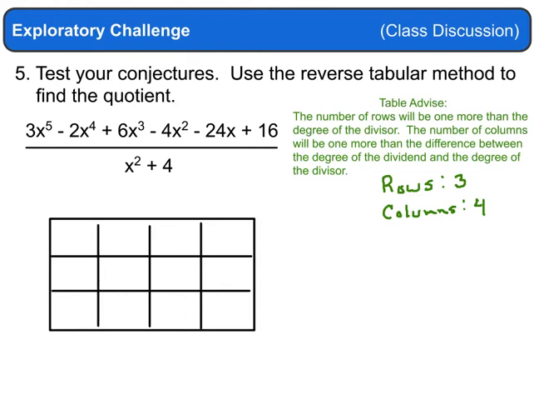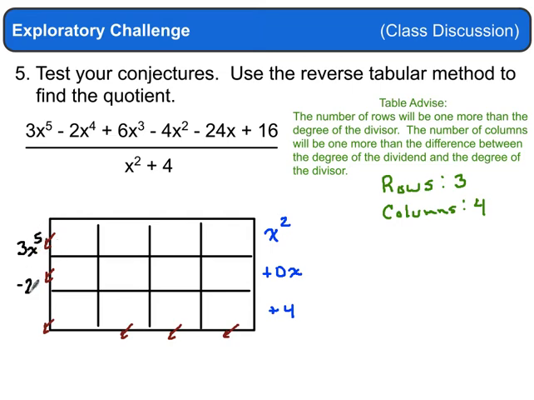So we fill in what we know. We're going to write x squared. We're going to have a placeholder of 0x and then a plus 4. On the outsides, we have our arrows for our like terms. And so those values are going to be 3x to the 5th.